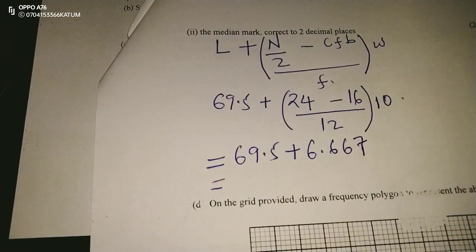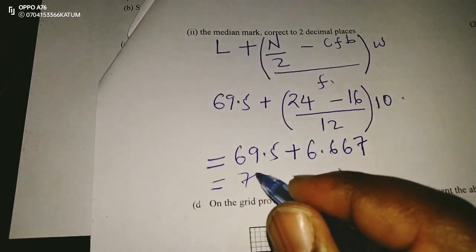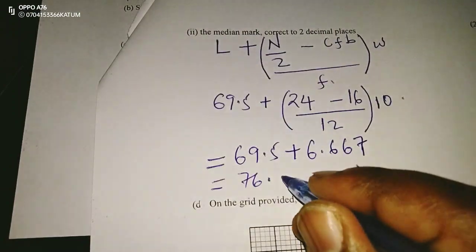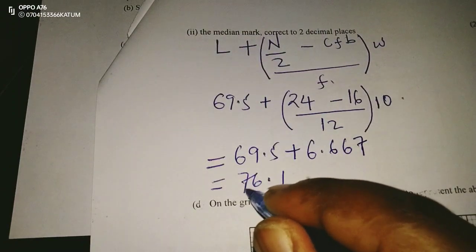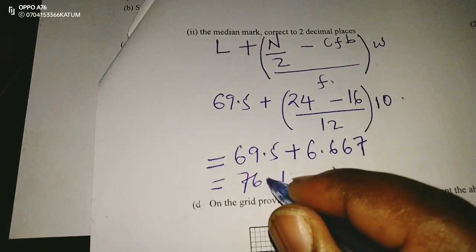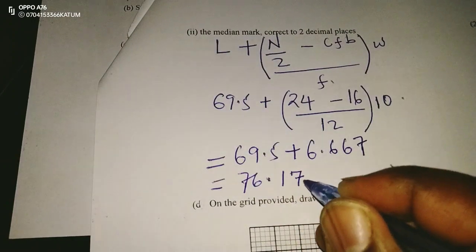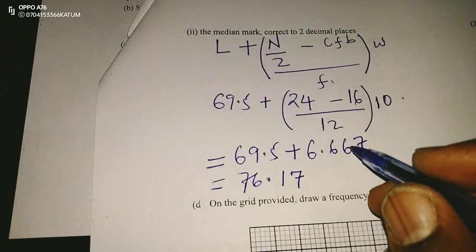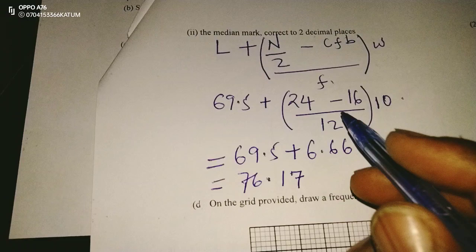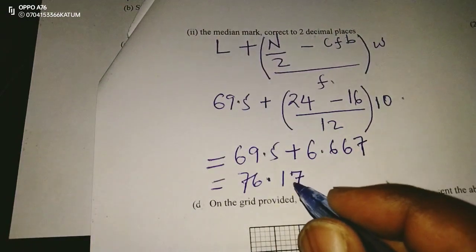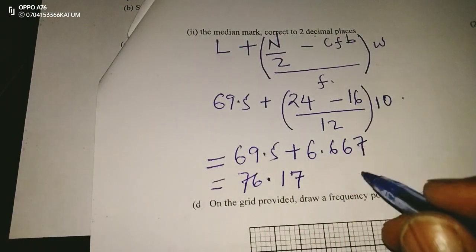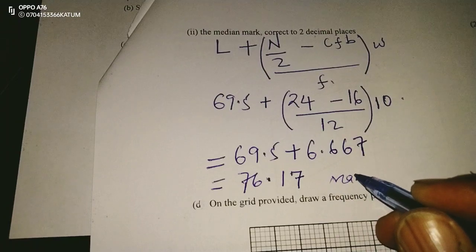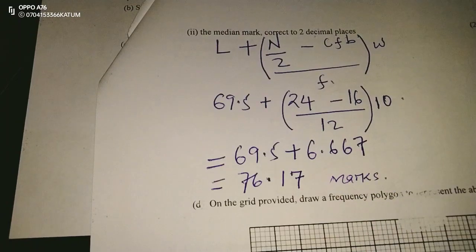So when we add 69.5, this is going to give us 76.166. So we can have 76 and the recurring 6 to 4SF, or to 2 decimal places. These are the marks now, and that is the median.